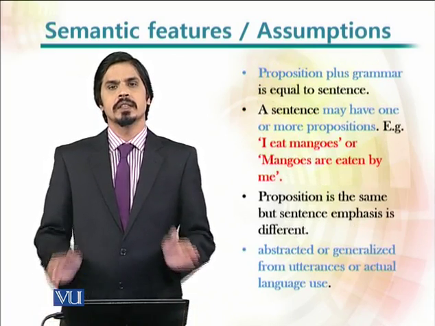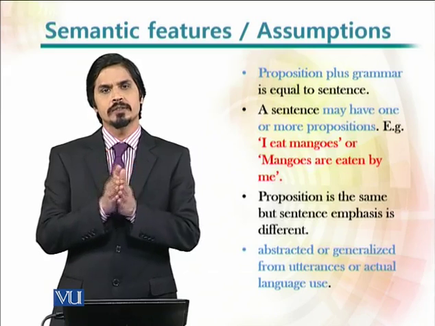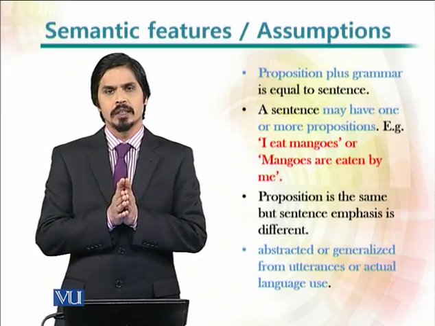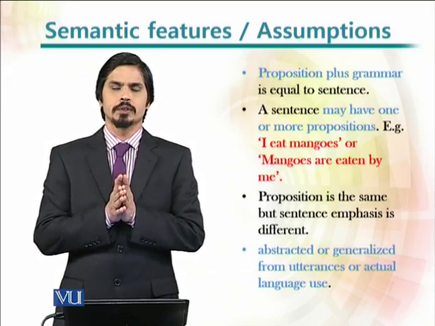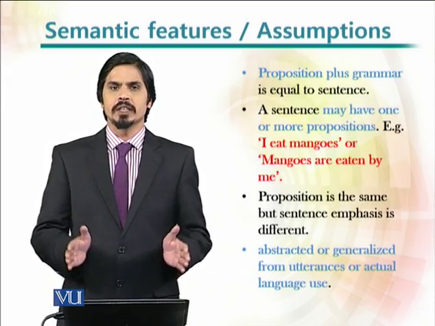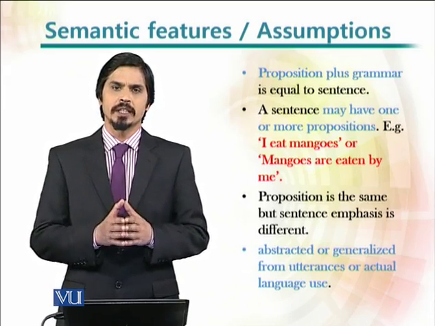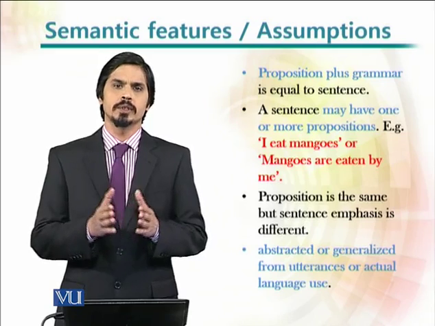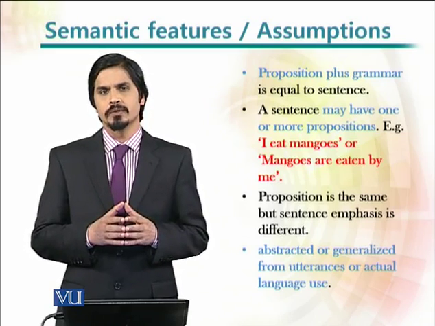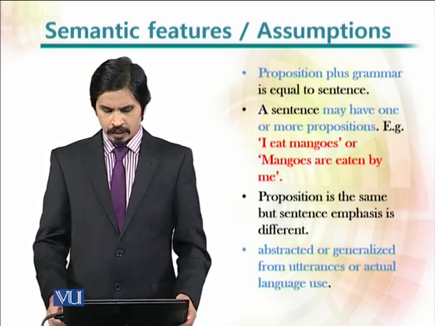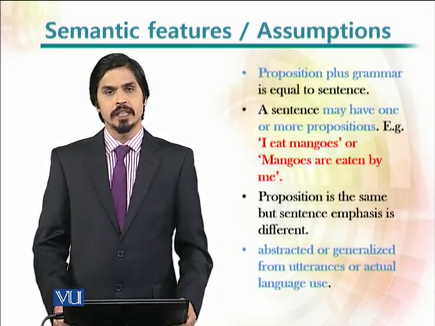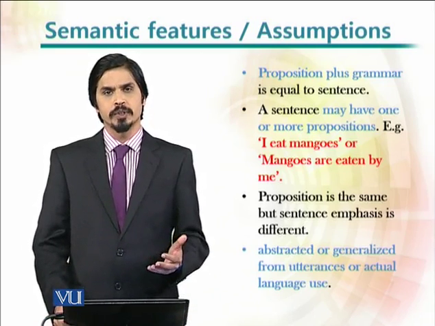A sentence occurs when we add grammar to the proposition. So a sentence may be defined as a grammatically correct form of the language which we usually use in formal writing. And a sentence may have one or more propositions.